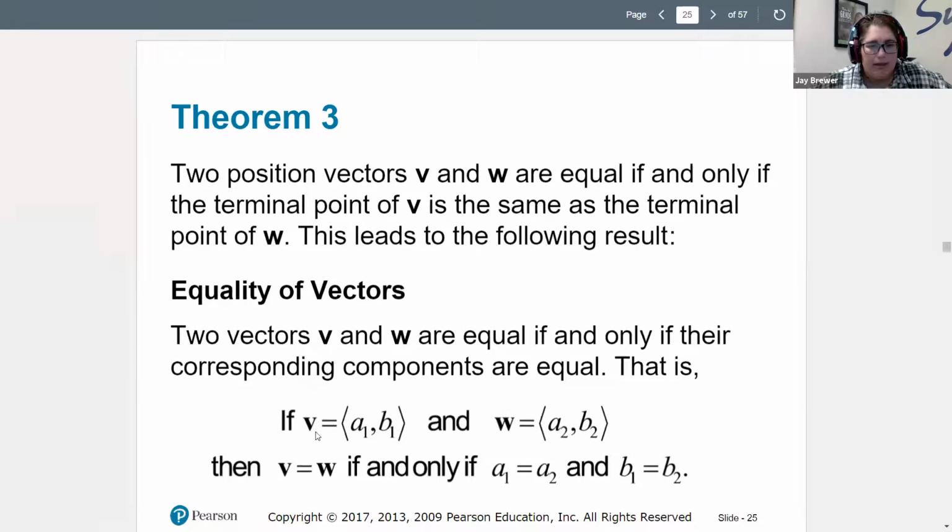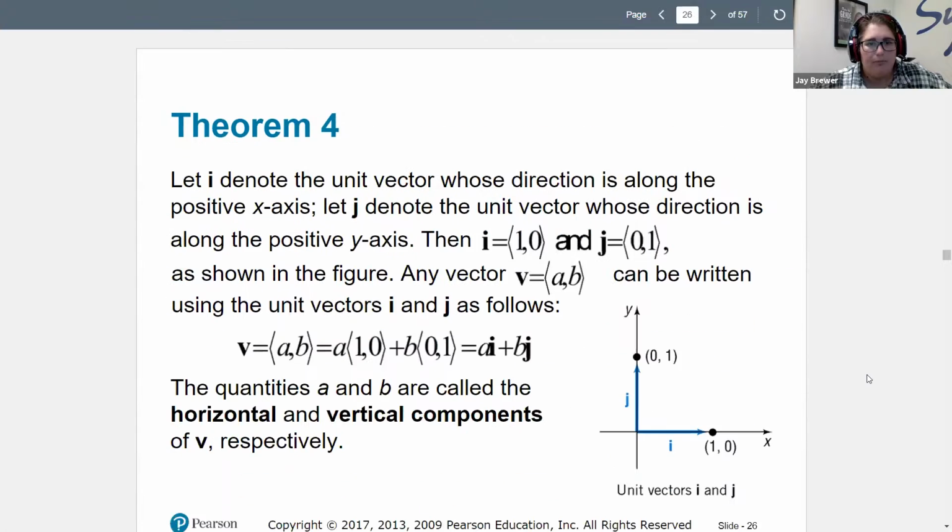That is, if vector v equals a sub 1 comma b sub 1 and vector w equals a sub 2 comma b sub 2, then vector v is equal to vector w if and only if a sub 1 equals a sub 2 and b sub 1 equals b sub 2. All right, pretty self-explanatory.